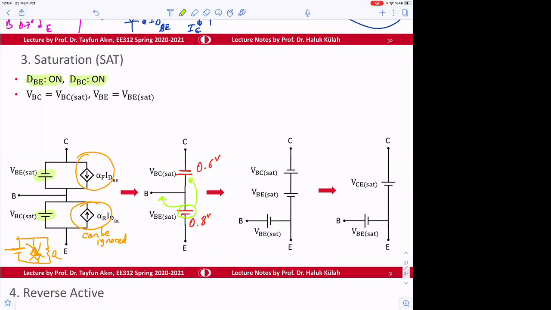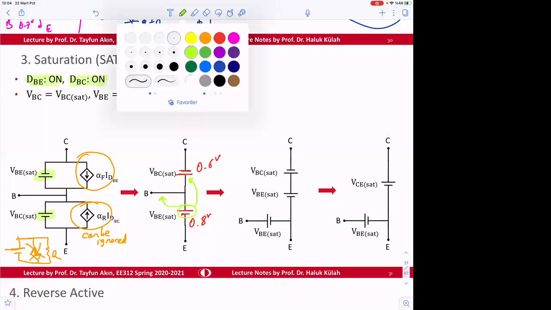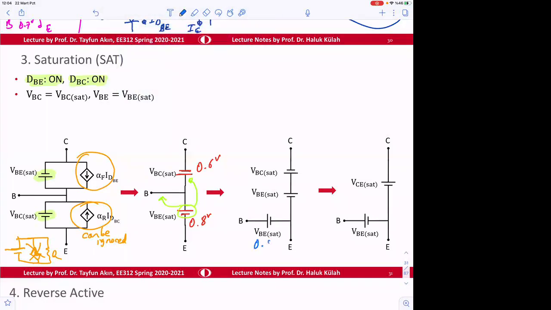If we do that, then this is going to be 0.8 volt here, 0.8 volt here, 0.6 volt here. Eventually, we can reduce the model to this. This is going to be 0.8 volt, and this is going to be 0.2 volt. And this is, again, consistent with our collector emitter voltage in the saturation model.